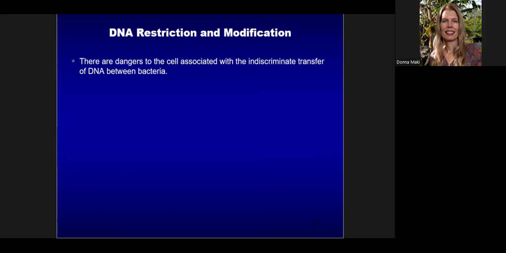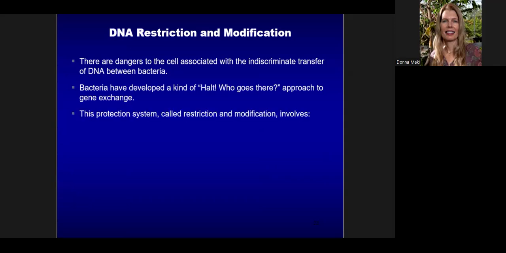Certainly not like our immune system, but you can imagine if you are a bacteria and a phage latches on to your surface and then starts to inject DNA, you might not think that's such a good thing. It could be a really bad thing for you. And so having a way to try to stop that infection process, they do have that ability.